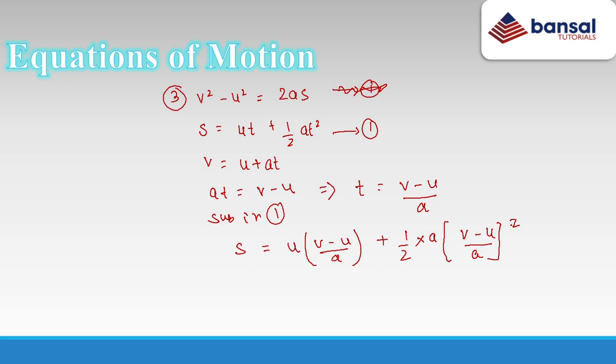On calculating all these values, let's see what we will get over here: uv minus u square upon a, plus a and 1a will get cancelled out. So what we will get over here? 1 by 2a into v minus u whole square.